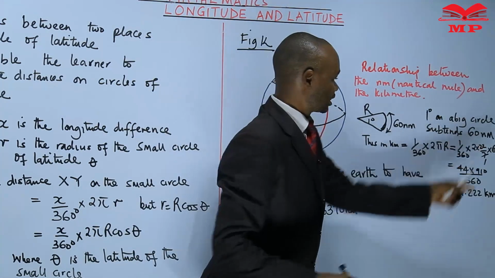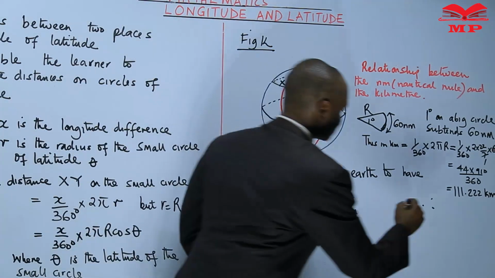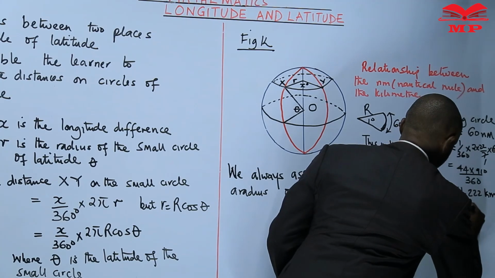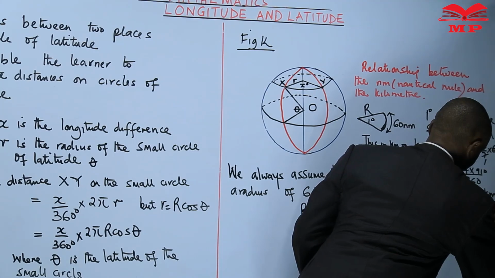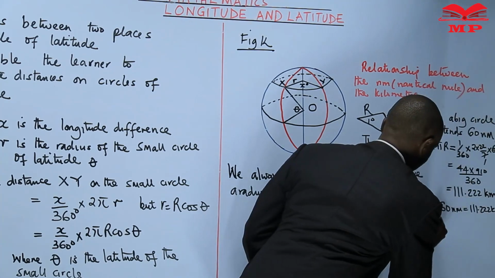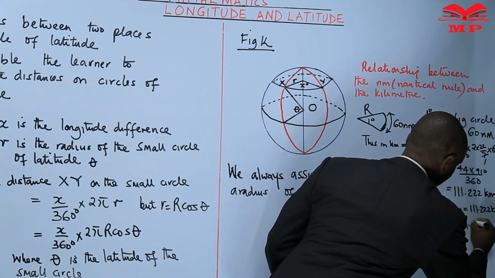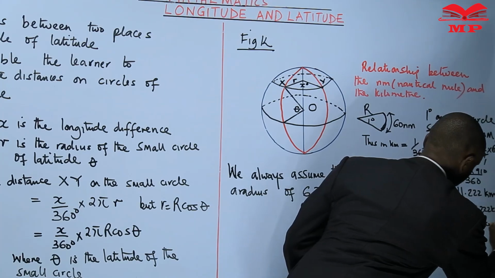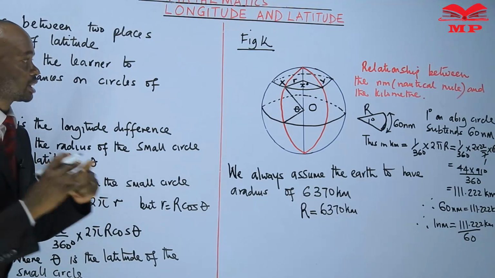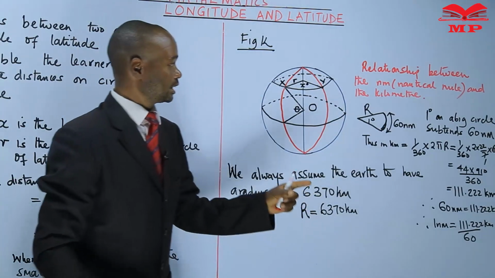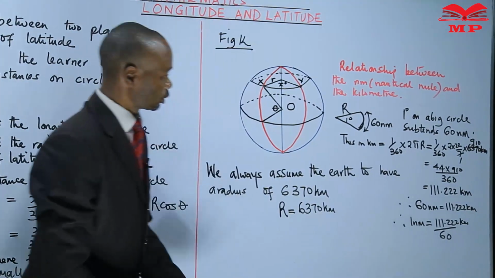So it means, learner, 60 nautical miles is equal to 111.222 kilometers. Therefore 1 nautical mile will be equal to 111.222 divided by 60. That gives you the relationship, because sometimes they'll ask you to work in nautical miles, and once you've got nautical miles it is easy to convert to kilometers.